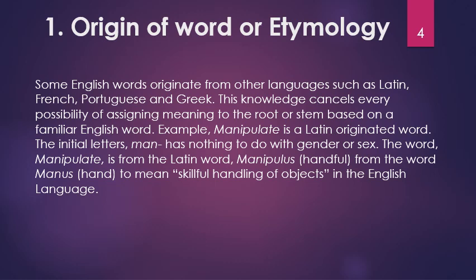Let me give an example. The word manipulate is a Latin word that originated, which means man in the initial letters has nothing to do with the word gender or sex. What we mean here is that man in the word manipulation does not refer to a human being.